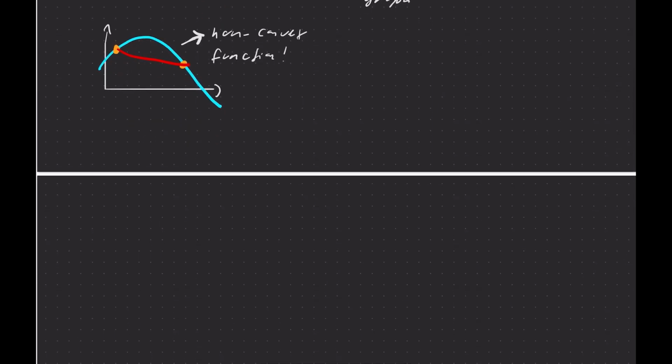Okay, and finally, one more thing that we want to define. There's also the notion of a concave function, just to round this off. A concave function is basically a convex function flipped around. So minus the function is convex.